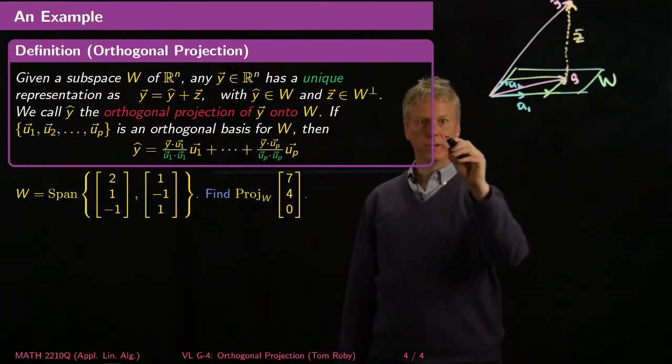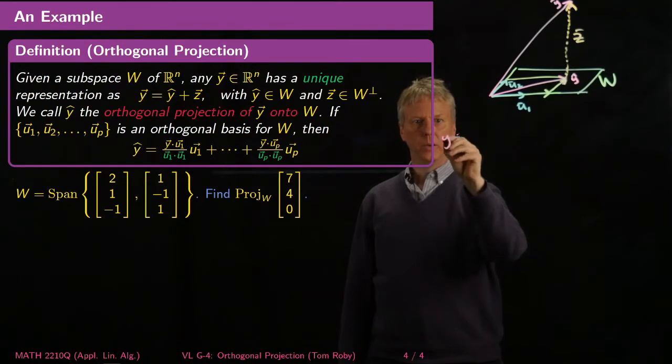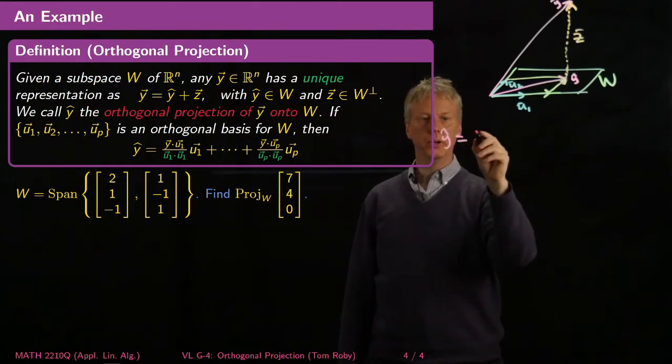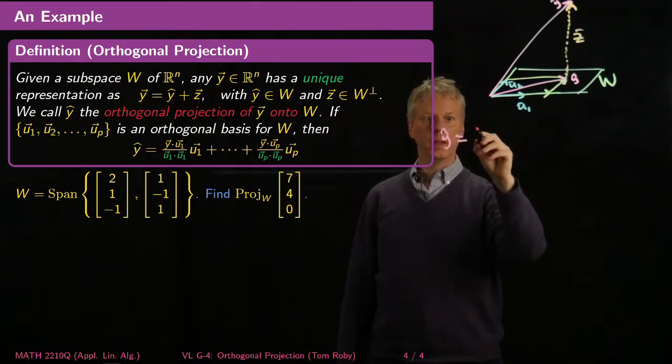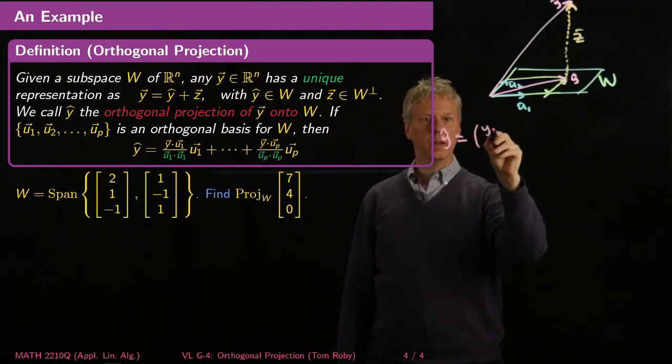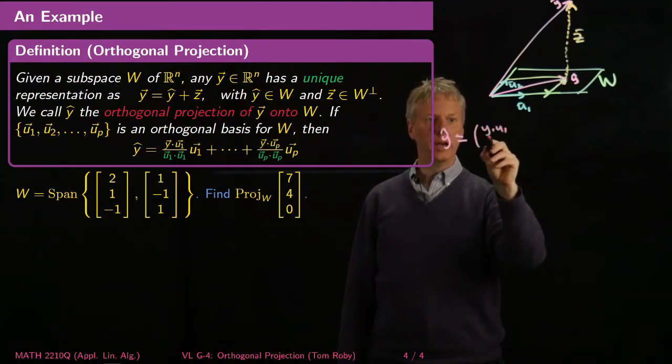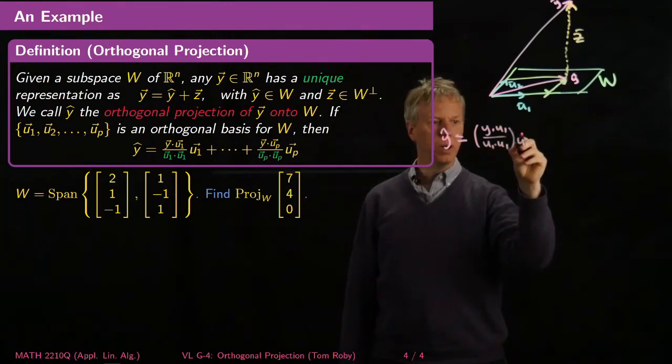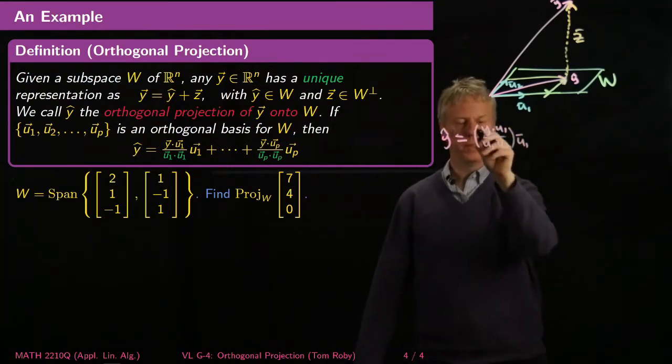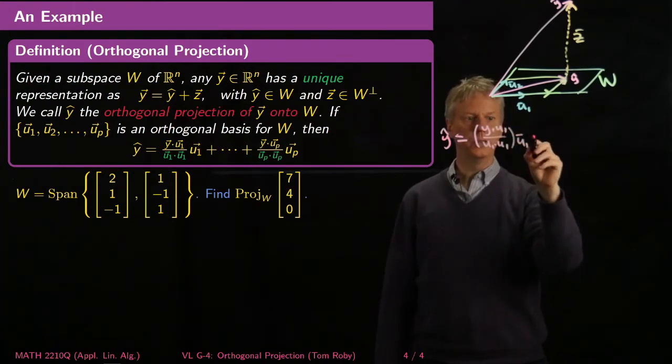So I need to find, if I use this formula, I'll get that y hat is equal to y dot u1 over u1 dot u1 times the vector u1. I'm going to leave off some of these vector hat symbols just because they're getting unwieldy.